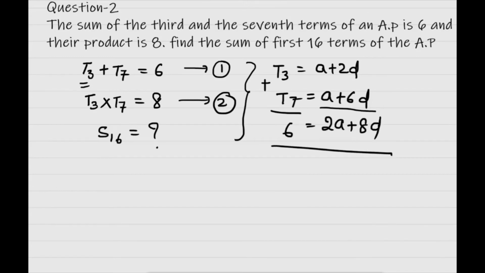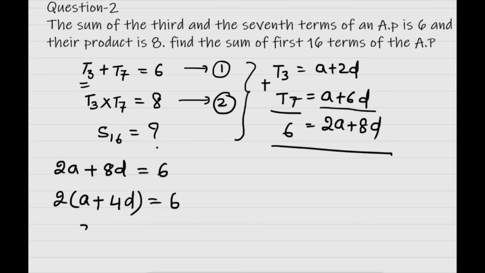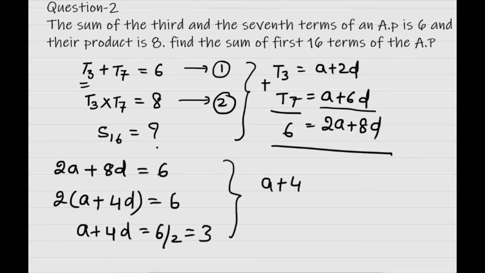So 2A plus 8D is equal to 6. If you take out 2 common, you will get A plus 4D equal to 6 by 2, that will be equal to 3. So A plus 4D is equal to 3.